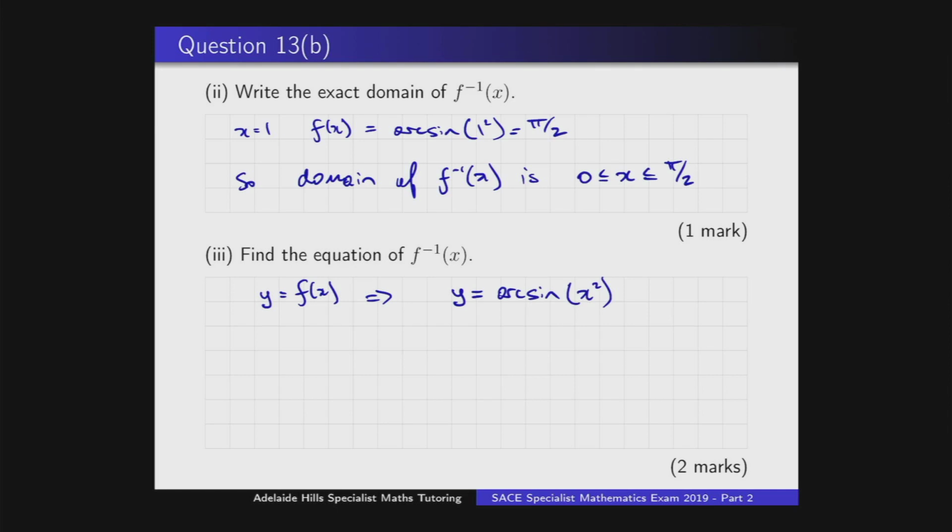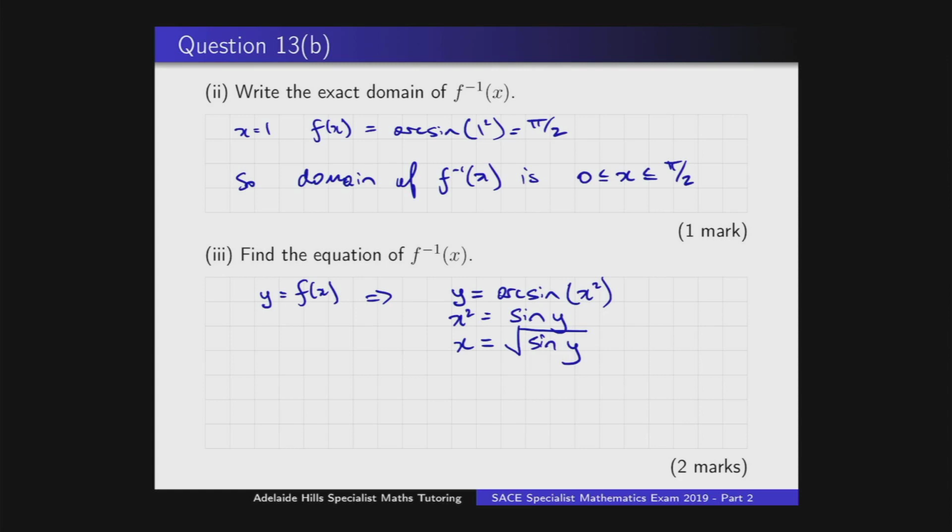Now we want to turn this into x as a function of y, so we want to make x the subject of the equation. So the first thing we'll do is take sines of both sides, and we'll swap things around, so we get x squared is equal to sine y. And now we can take the square root. x equals the square root of sine y.